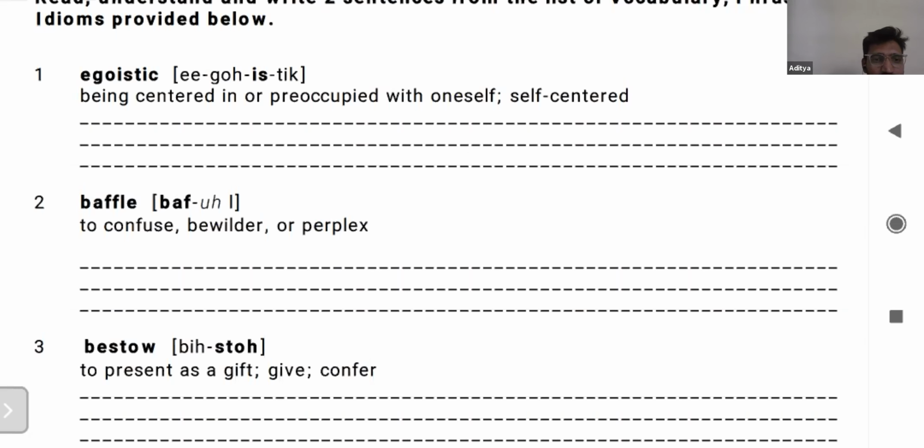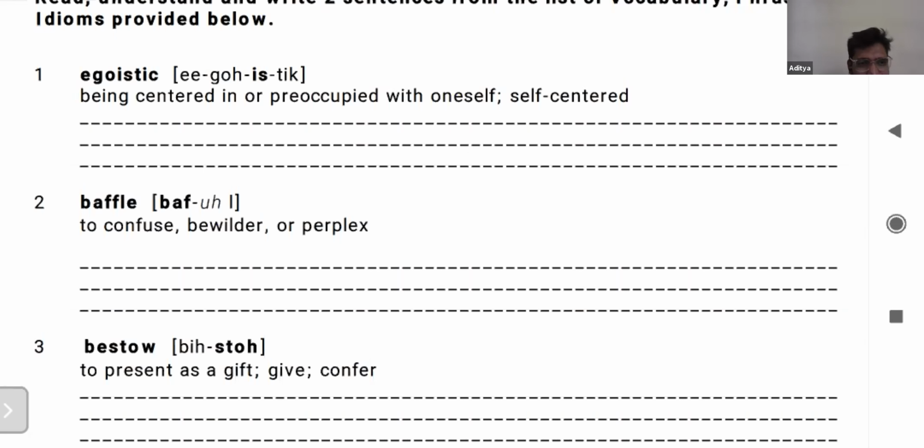I was baffling when I read, when I speak English.